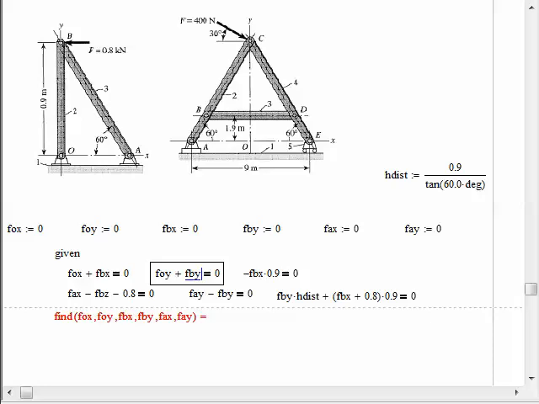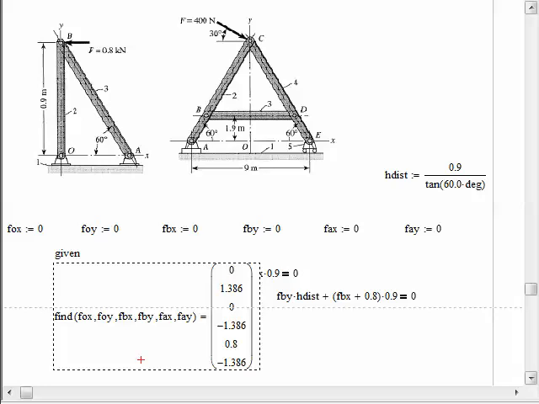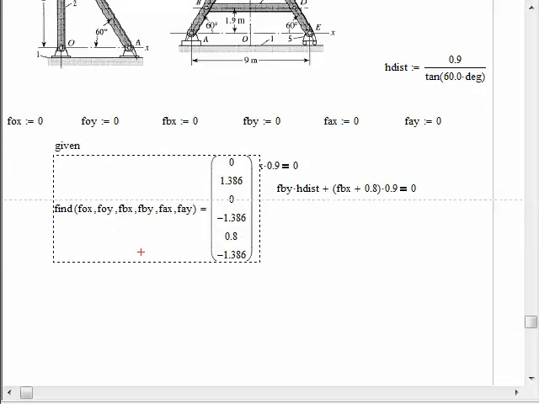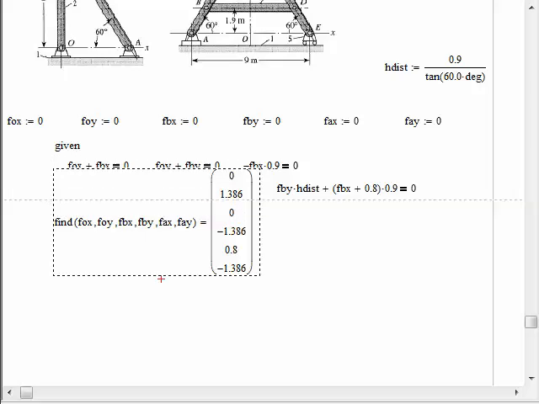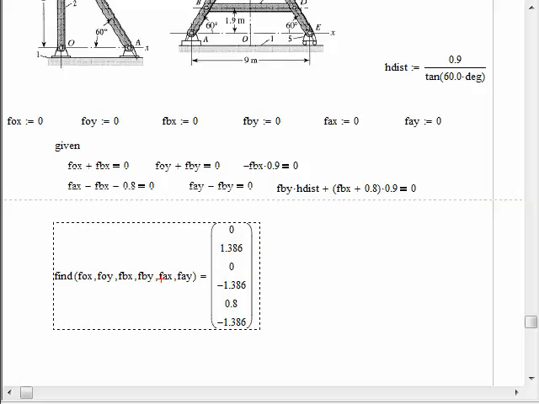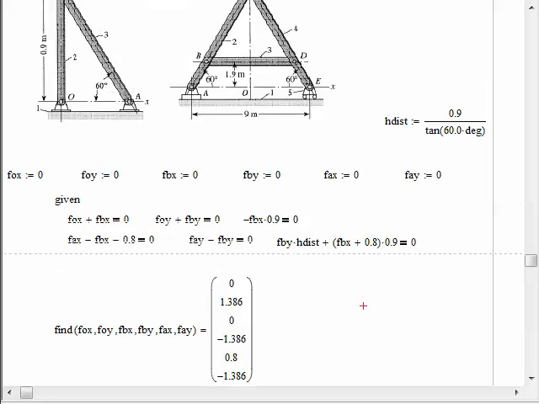FBY, that would help. FBX. Okay, now we fixed it. I just had some typos in there, and so let's move this down. I'm going to use cursor keys to move that down. Then let's see if any of this makes sense.